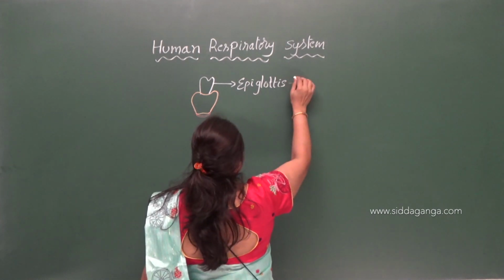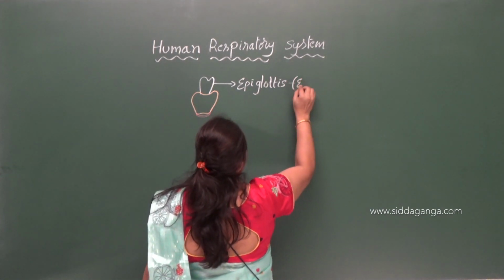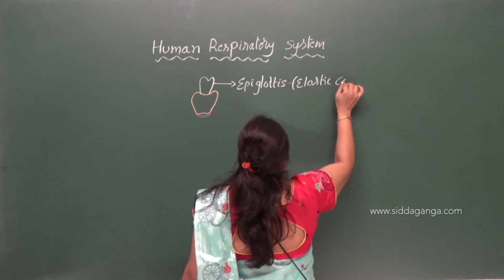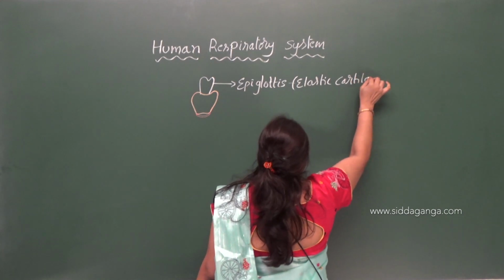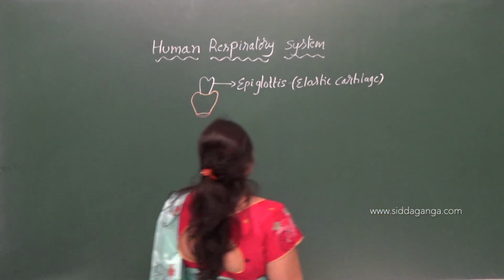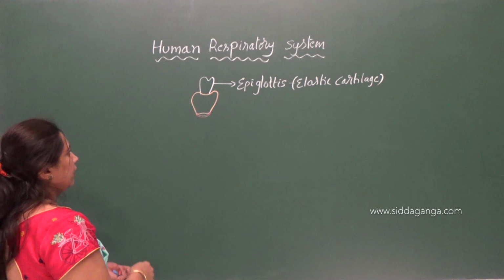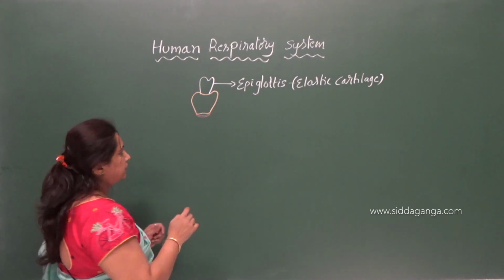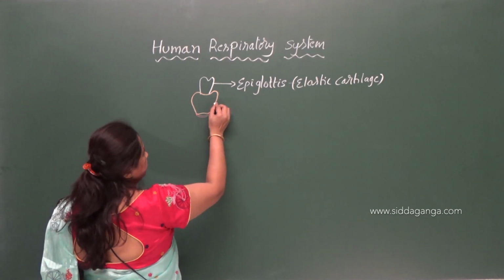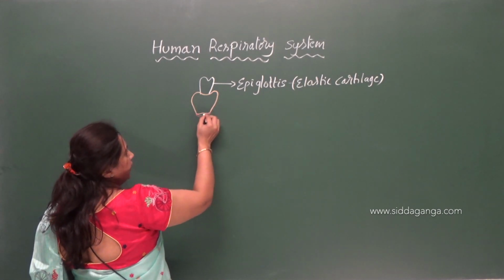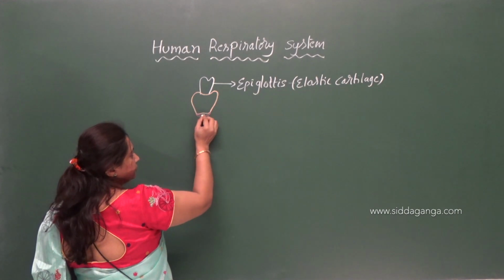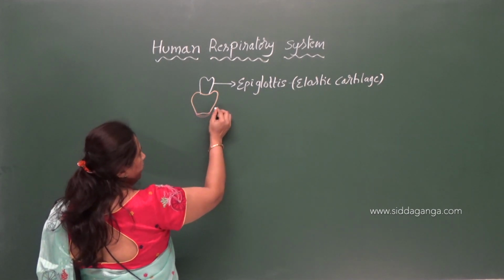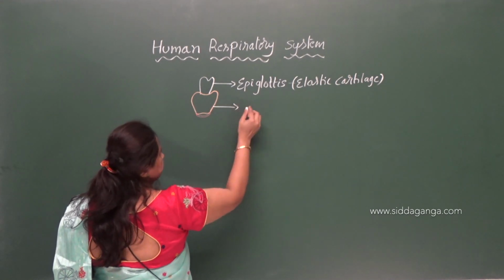The epiglottis is composed of elastic cartilage. And which is the largest cartilage in the larynx? Thyroid cartilage. This is the thyroid cartilage and this is the cricoid, present below the thyroid cartilage. So I will just label it as larynx.